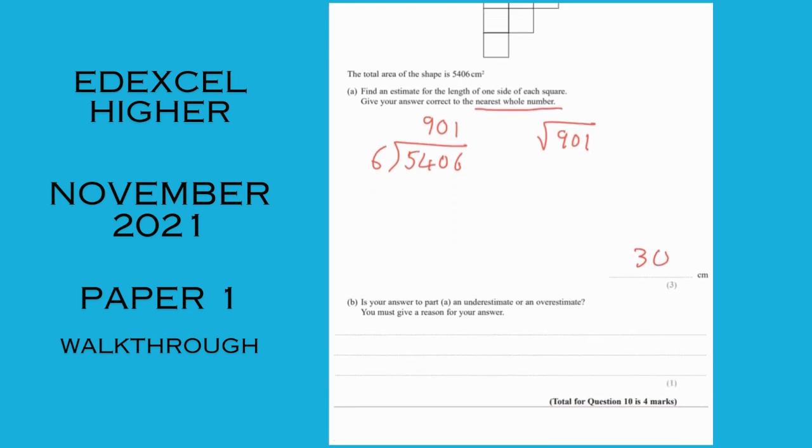Is your answer an under or an overestimate? Because we took the 901 down to 900, it's an underestimate because the 901 was rounded down. So the correct answer should be 30 point something on the end, 30.05 or 1-ish, or who cares?